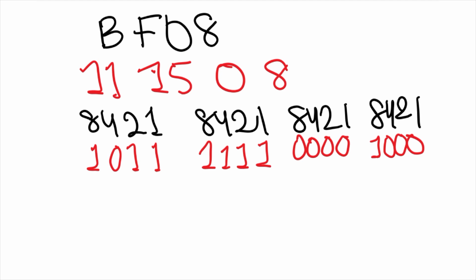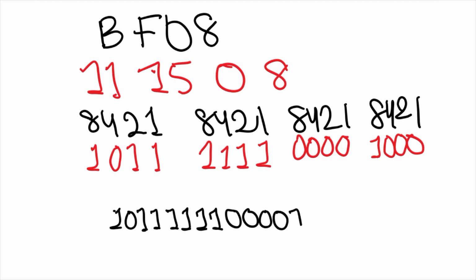So these are the binary values to represent the numbers above. 11 is represented by 1, 0, 1, 1. 15 is represented by 4 ones. 0 is represented by 4 zeros. 8 is represented by 1 followed by 3 zeros. Now if we put all these digits together, 1, 0, 1, 1, 1, 1, 1, 1, 0, 0, 0, 0, 1, 0, 0, 0.